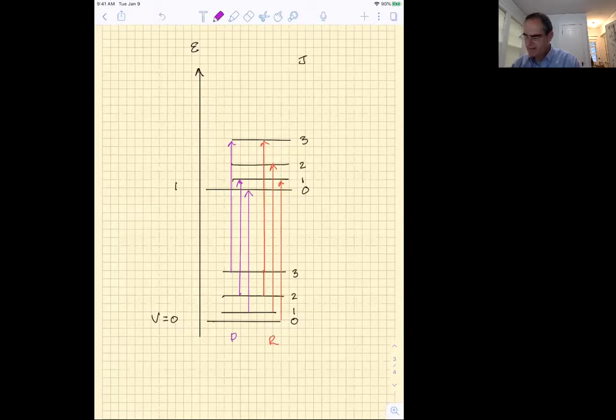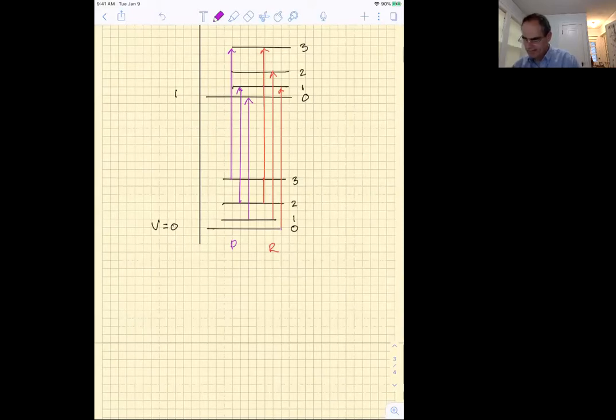Okay? Something you can see right away is that if we imagine the transition from 0 to 0, which would be a Q-branch transition, but not something we see, then all of the R-branch transitions are larger in energy than that. Whereas the P-branch transitions are all lower in energy than that.